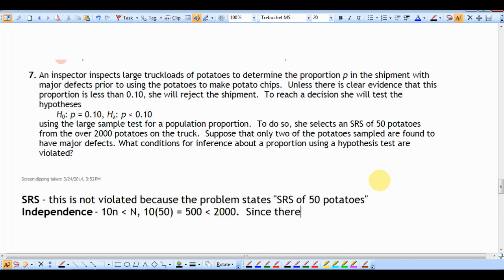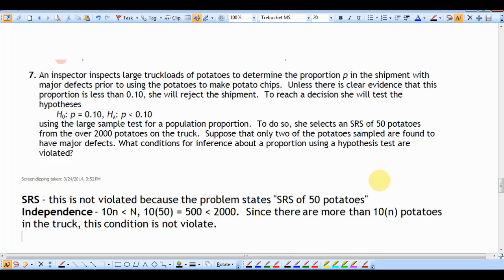So since there are more than 10n potatoes in the truck, this condition is not violated. Okay, so the answer must be normality, right? If normality is violated. Normality.